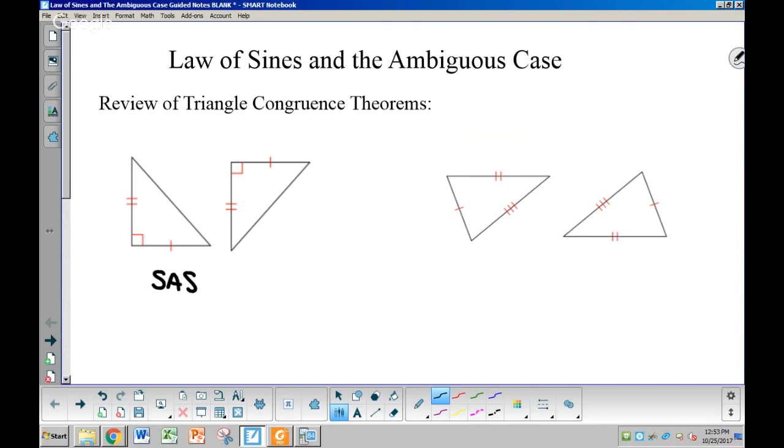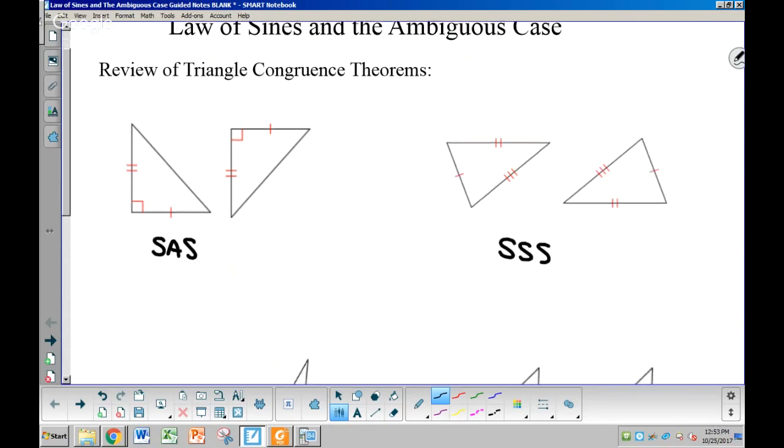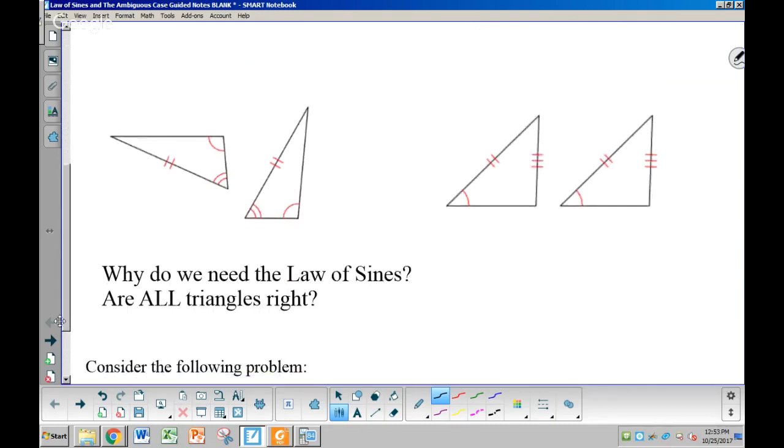The one to the right here clearly is side, side, side. Angle, angle, side, yes. Uh-oh.